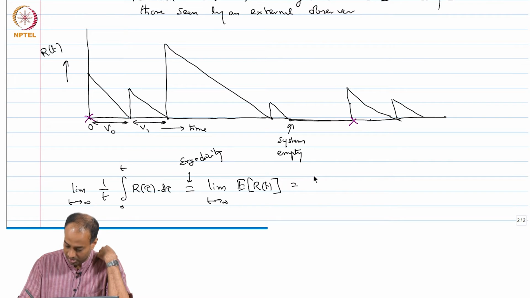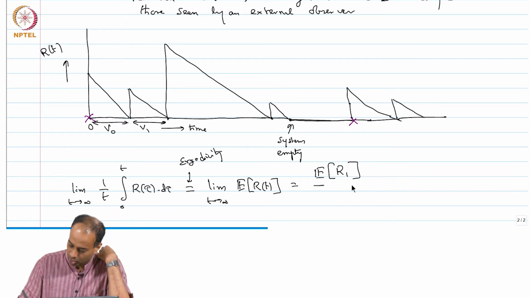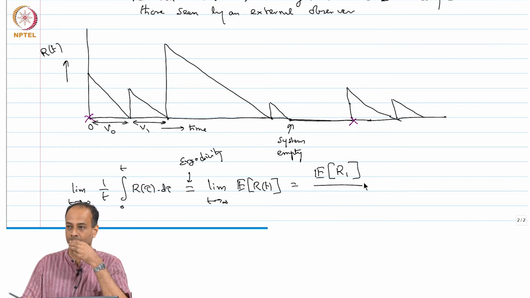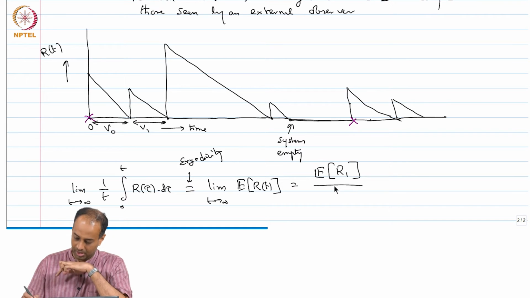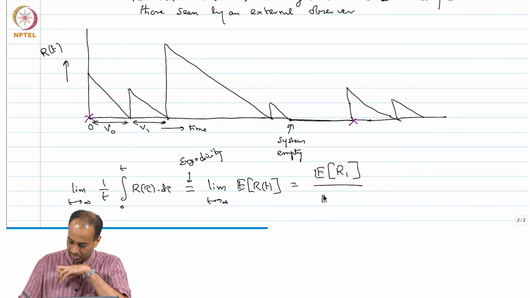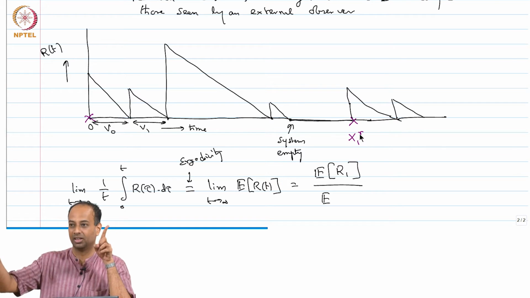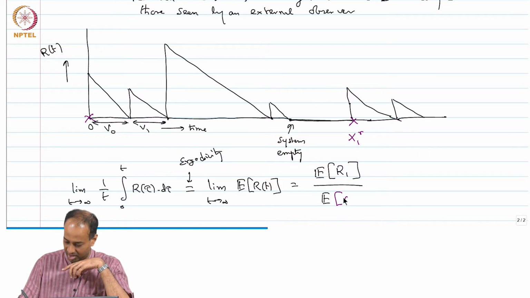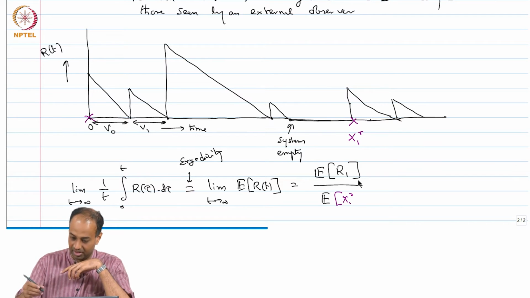It is equal to the expected reward over one renewal interval over the expected renewal duration. Let us call this X1R, the first renewal, expected X1R.